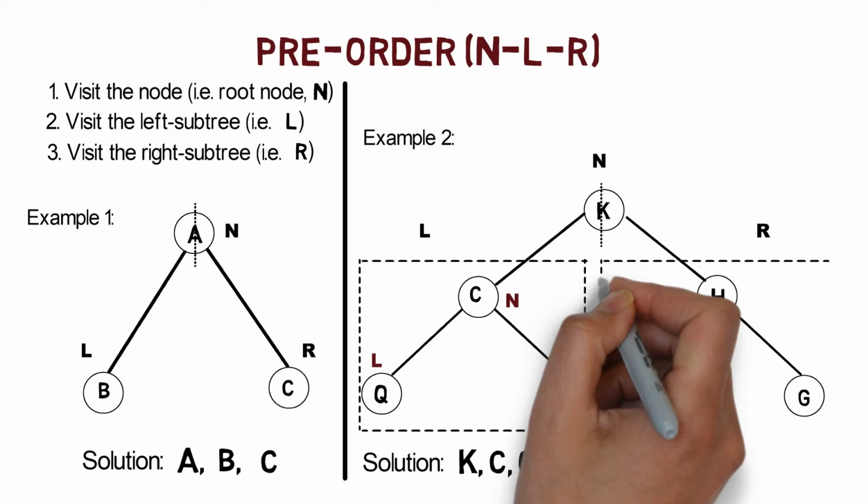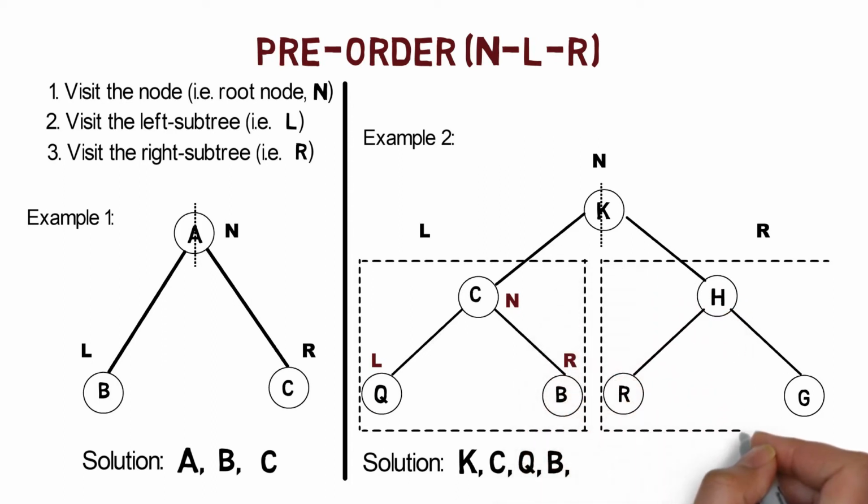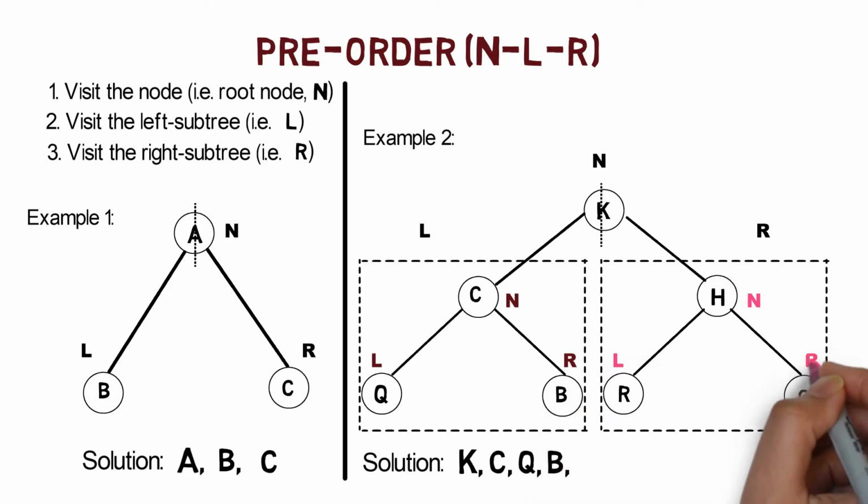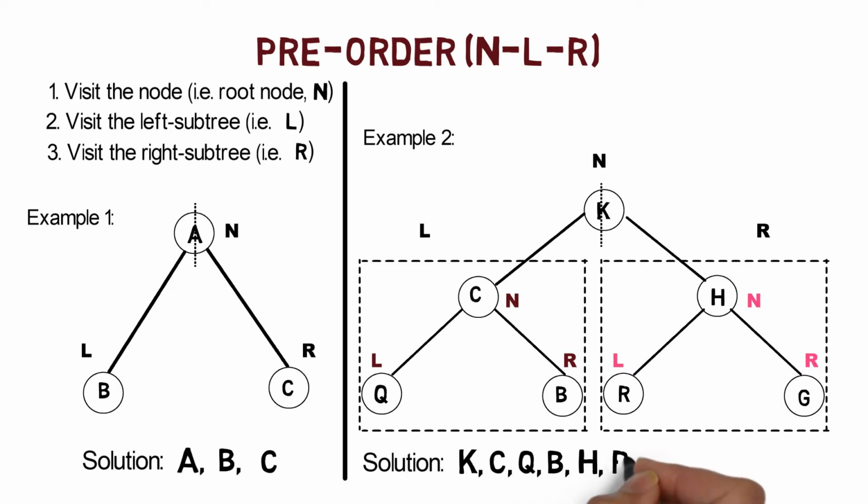So let's move to the right subtree of K. On the right subtree, we have H as the root node, R as the left subtree, and then G as the right subtree. Therefore, to traverse this tree, we go from H to R and then to G. Neat. Per this tree, that is how the various nodes will be traversed.